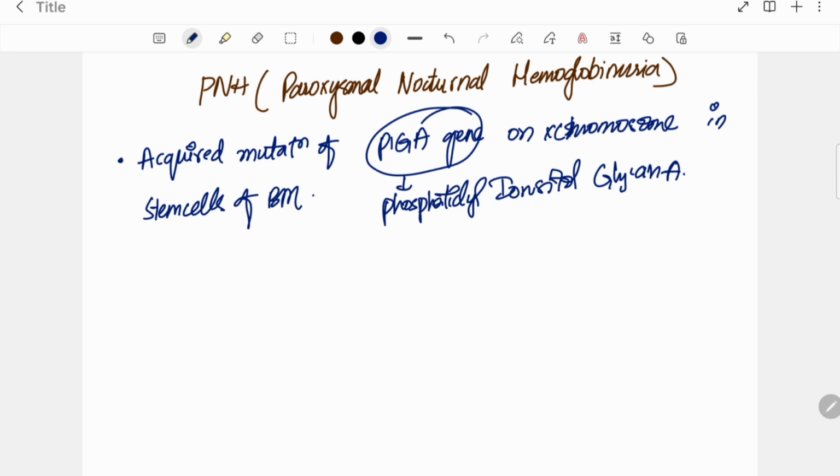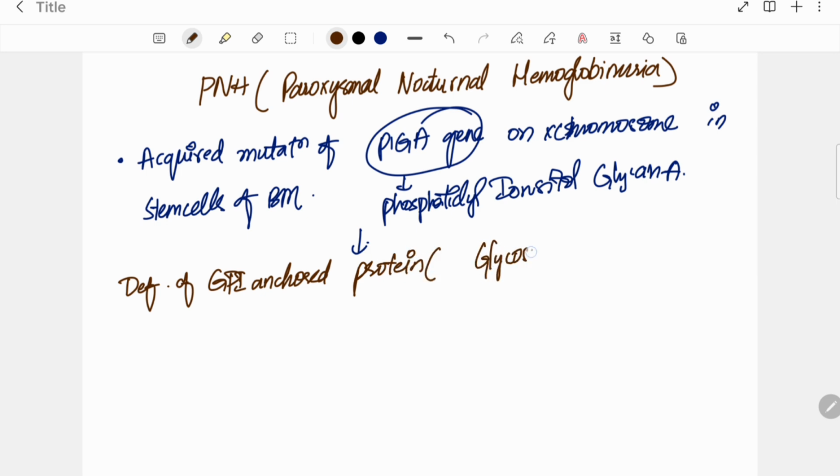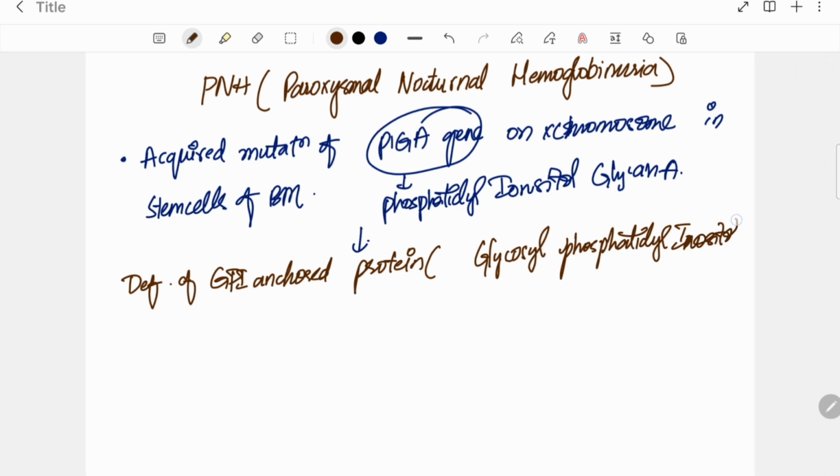Because of these acquired mutations of the PIGA gene, there will be deficiency of GPI anchor protein. So what is GPI anchor protein? That is glycosylphosphatidylinositol protein.